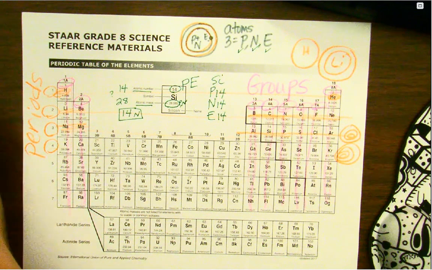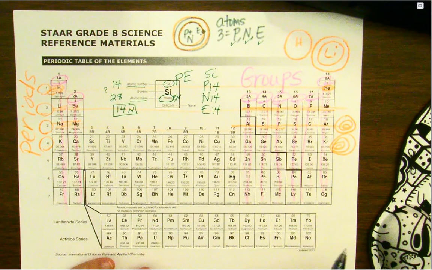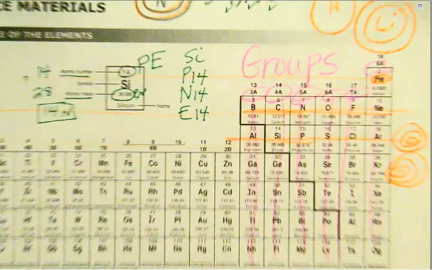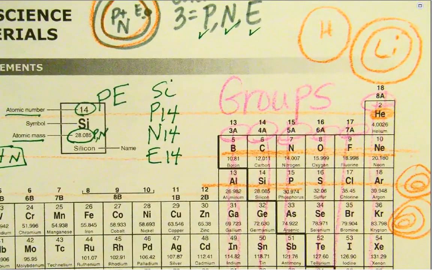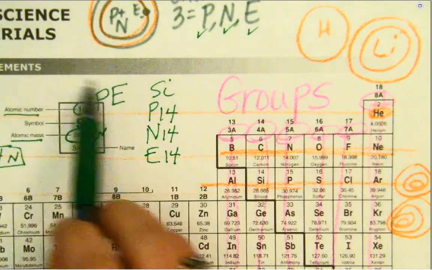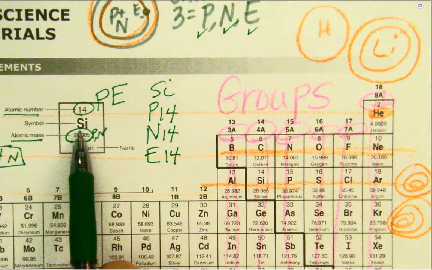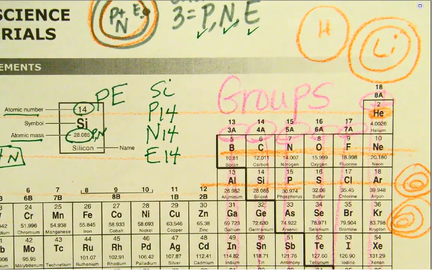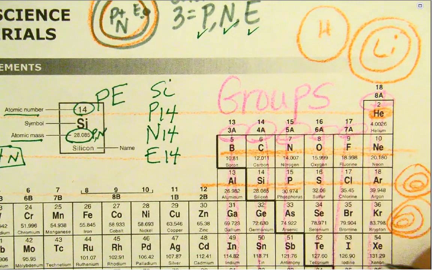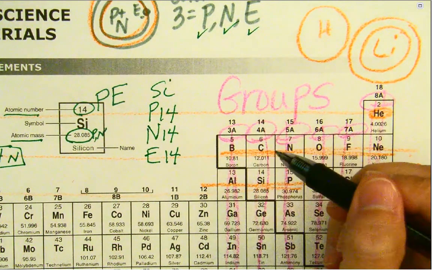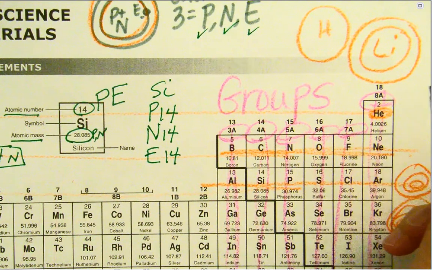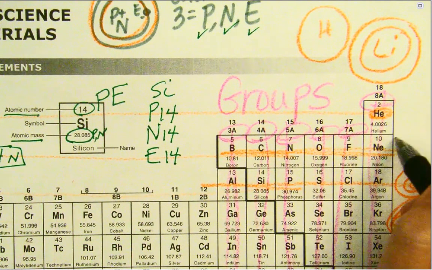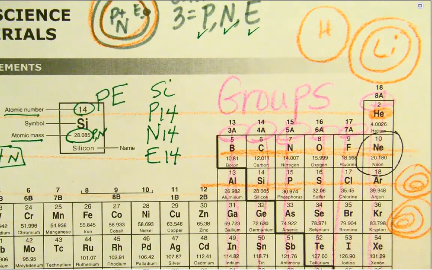Okay. All right, so I want to do a little practice with you on finding out how many neutrons we have in an atom. We're going to basically do what we did here, but instead of with silicon, we're going to use another atom. So let's work on neon.